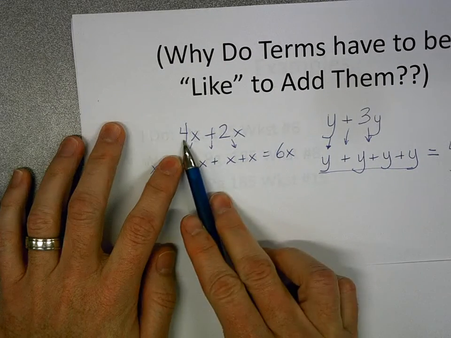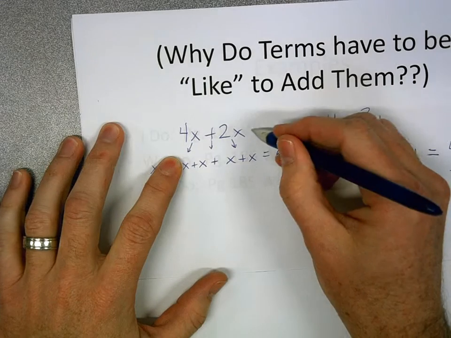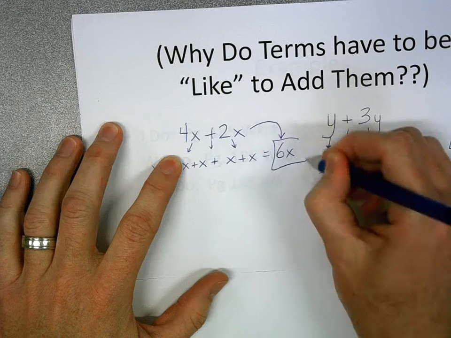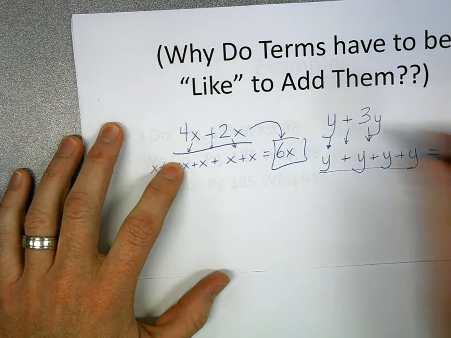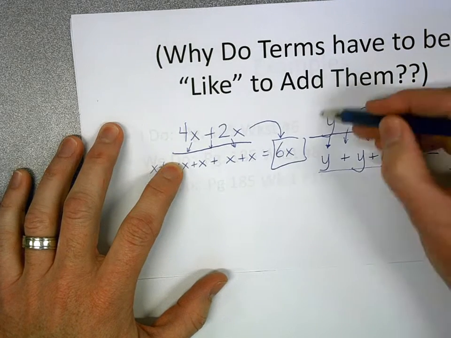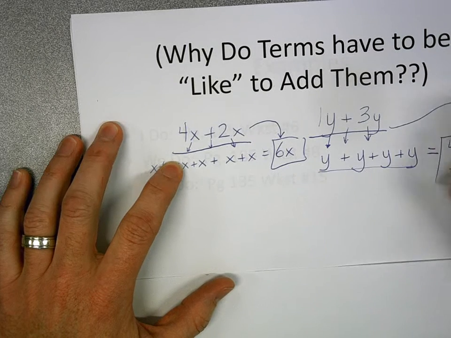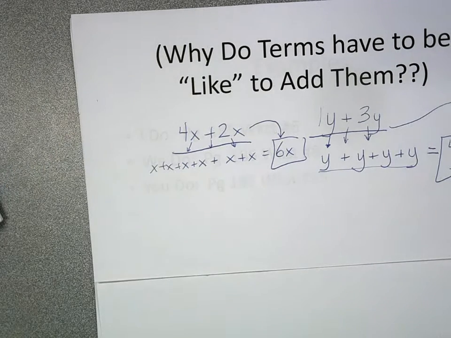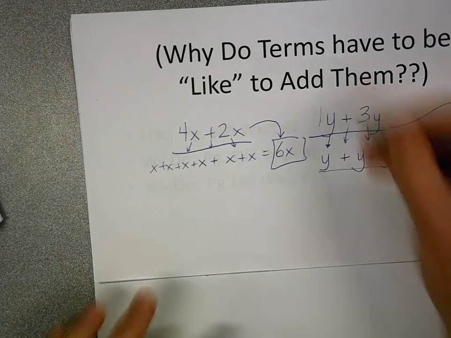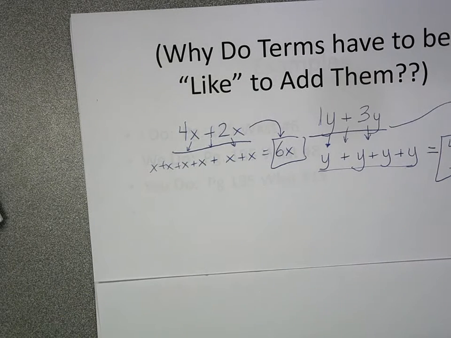We have 4x plus 2x equals 6x. We have, remember we talked about this, 1y plus 3y is equal to 4y. Now, you guys a lot of times really enjoy quick ways of doing things, like algorithms, just math rules that come from stuff like this.